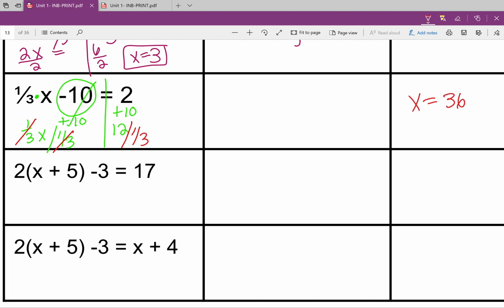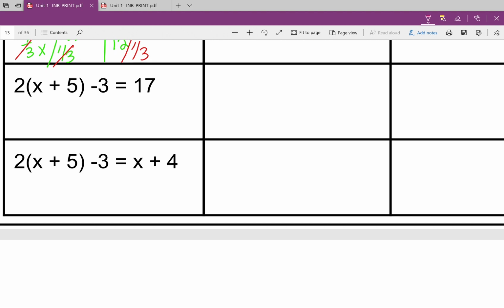So our steps were to add 10 and then divide by 1/3. Okay. Next question.